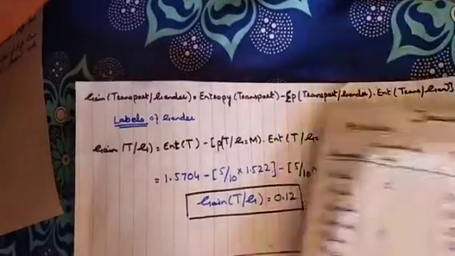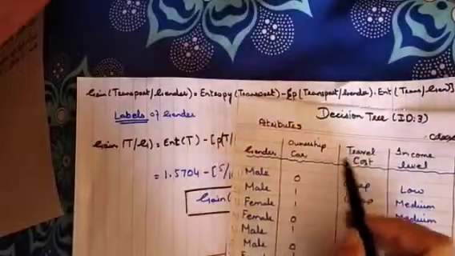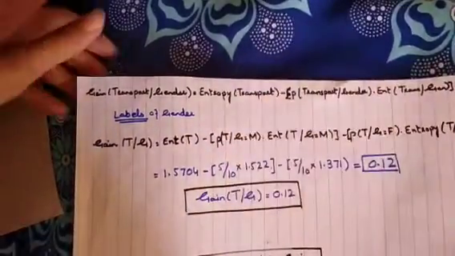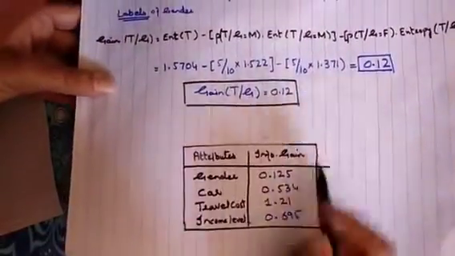अब आपने क्या करना है, you have to calculate for car ownership, travel cost and income level. But कैसे करना है, आपकी आसानी के लिए मैंने यहाँ पे table बना दिया है.